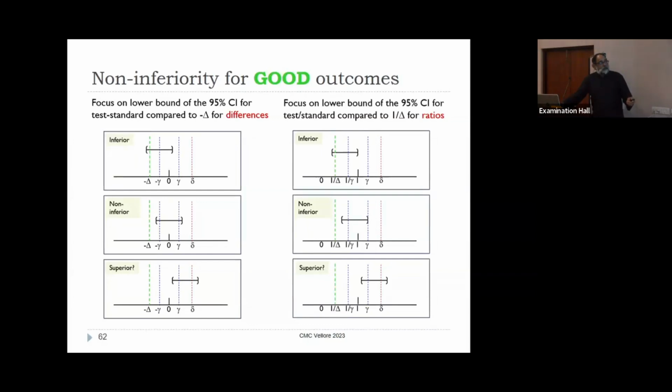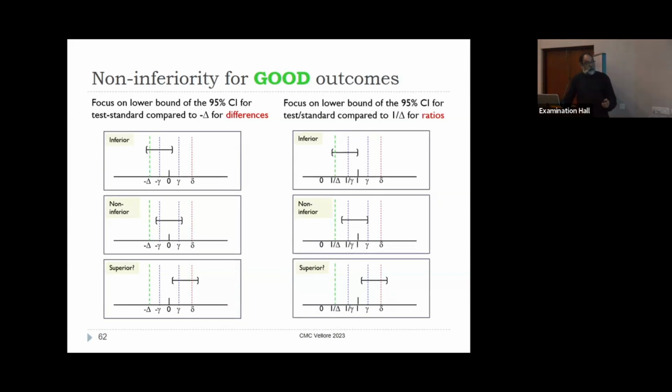You're compatible with inferiority if your lower bound crosses the non-inferiority margin, but if the lower bound is above that, it doesn't cross the non-inferiority margin, you could say it's not inferior. And if you're lucky enough that this is actually all the way above zero, you can say you got superiority. But you have to be lucky enough to get that. It's not that you can always get it.